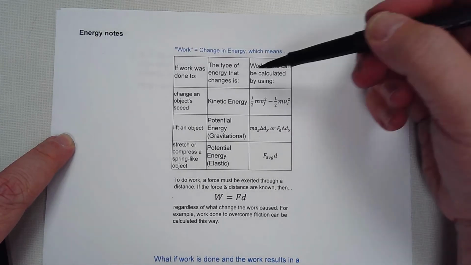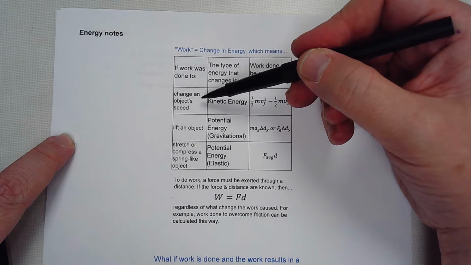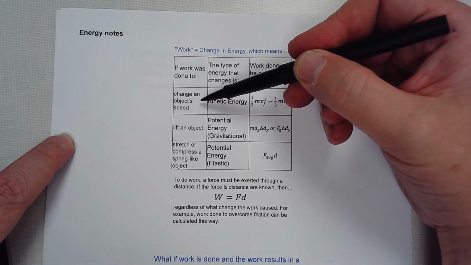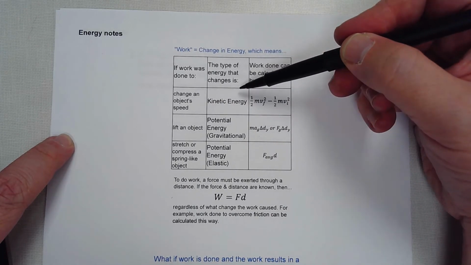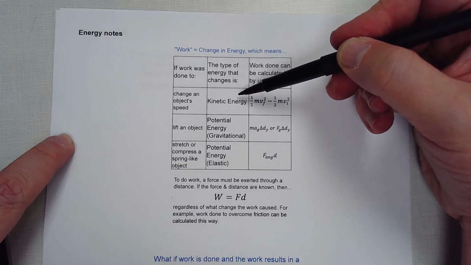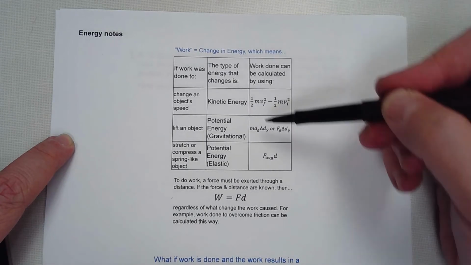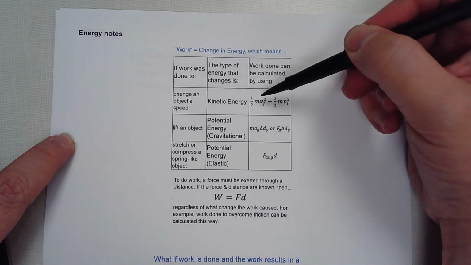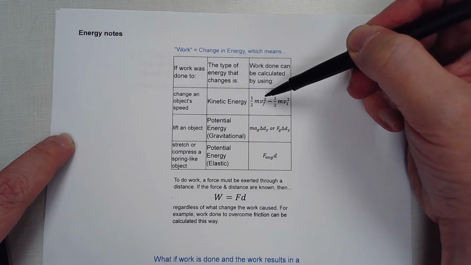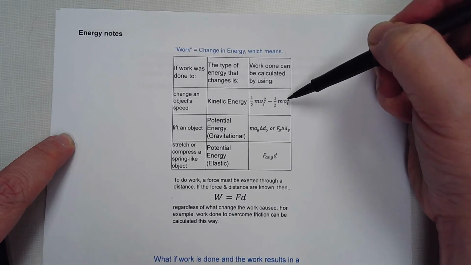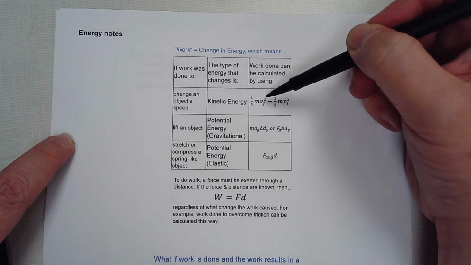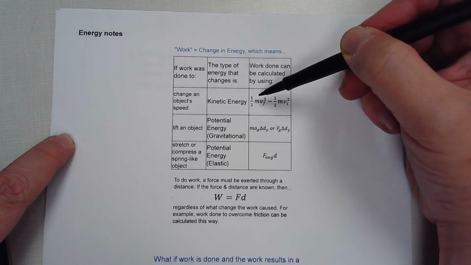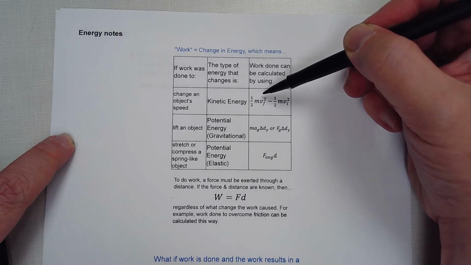So let's say that something was pushed with a force so that it went faster. That would change the object's speed, which means the type of energy that's different after that push would be a change in kinetic energy. So while we could calculate the work with force times distance, if we knew the mass and the speed of the object before and after, vi before, vf after, we could calculate 1/2 mass times vf squared.